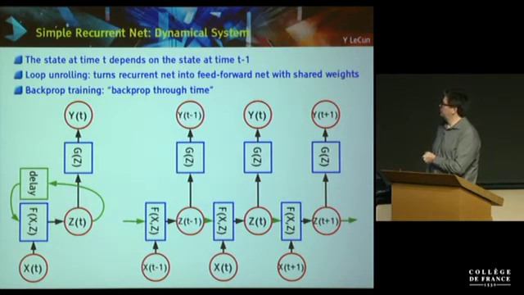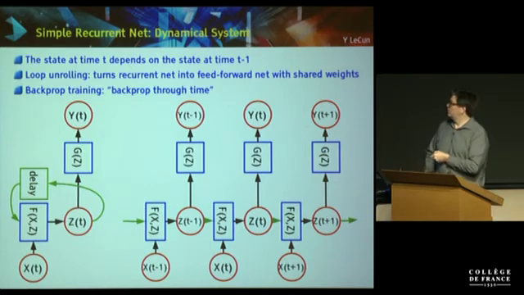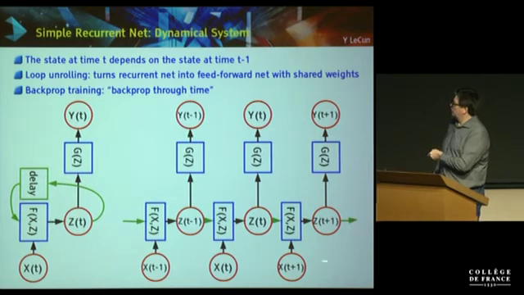How do you train a network like this with loops? You unfold them in time. If you unroll this network in time, you have a copy of the network at each instant. This is the network at time t, t-1. To calculate here, you take the input at time t-1 and so on. The same network that you apply to the next time.